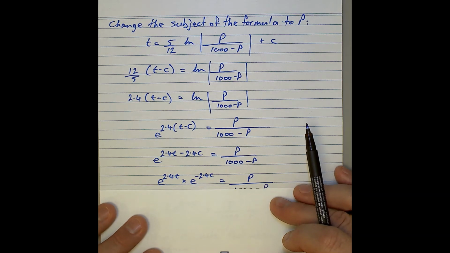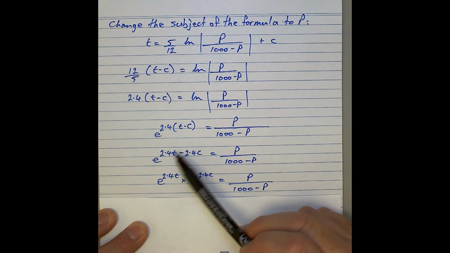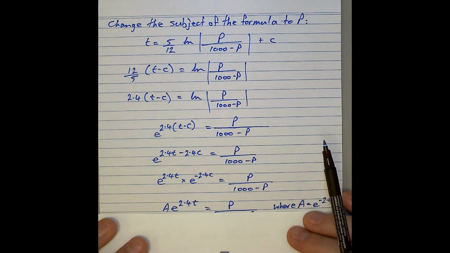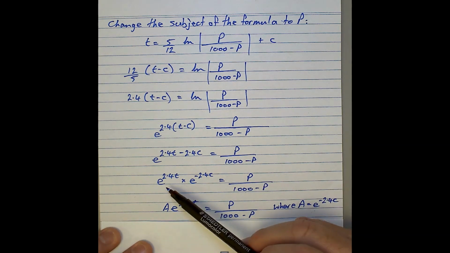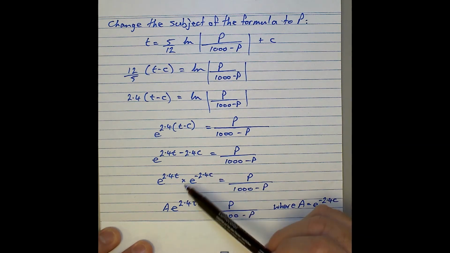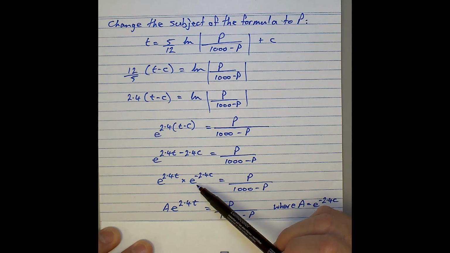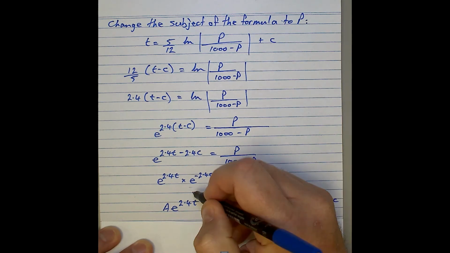I know that I can rewrite that using our index laws. This here, I can write as this expression here. And I'm just going to rewrite this left-hand side such that this is a constant value, because I've got a constant value C multiplied by 2.4, multiplied by e, which is a constant value. So I'm going to rewrite this where A equals this amount here.